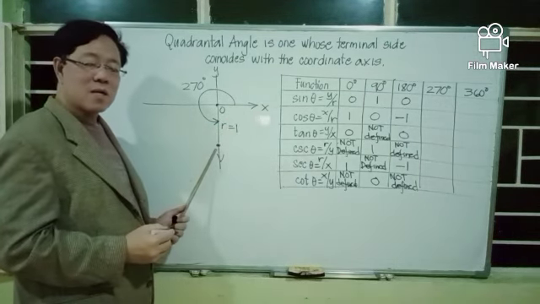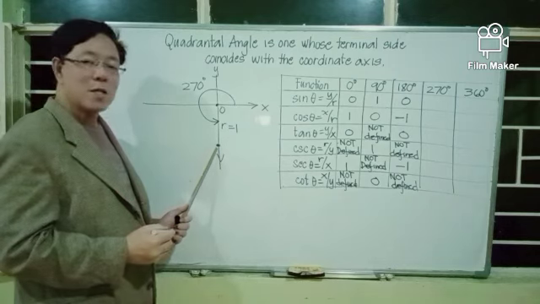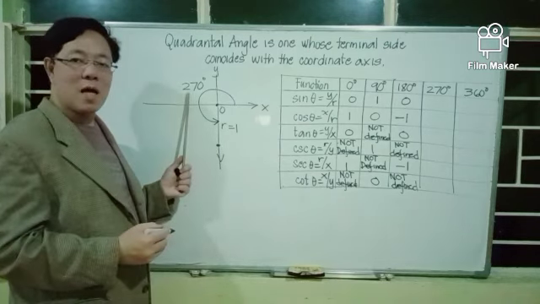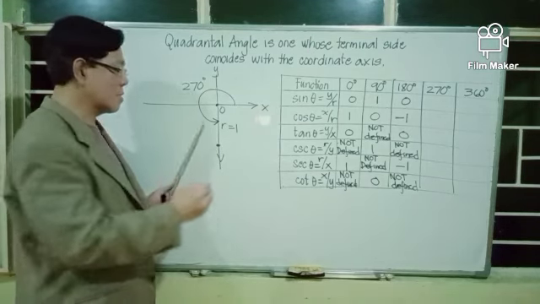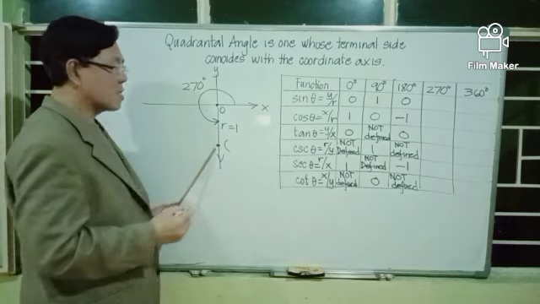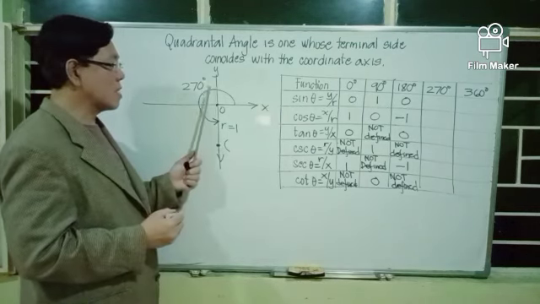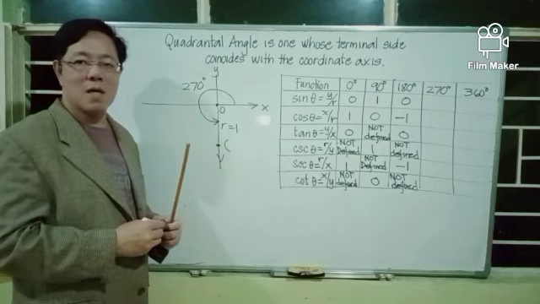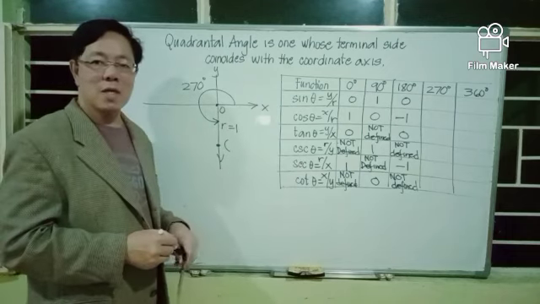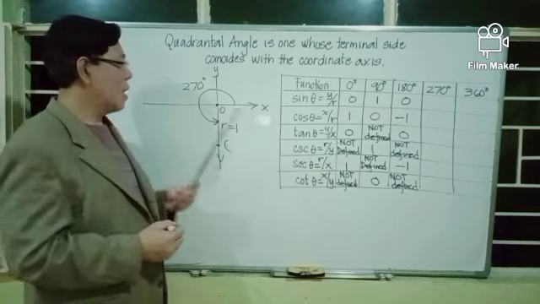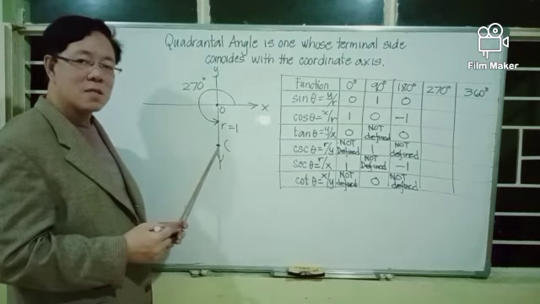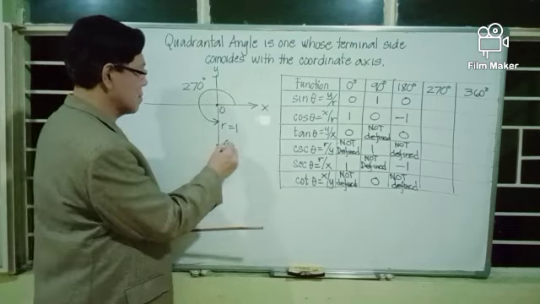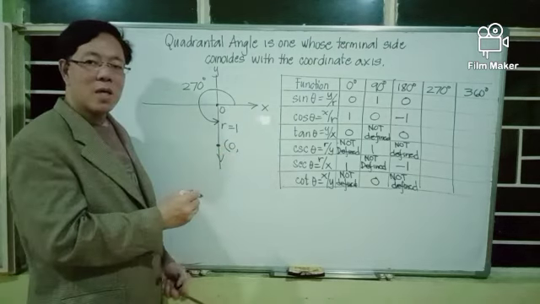And we specify the coordinates of this point on the terminal side of the quadrantal angle 270 degrees. Because this point is on the y-axis, and any point on the y-axis has 0 abscissa or 0 x-coordinate, the value of x at any point on the y-axis is 0. And y has a value.